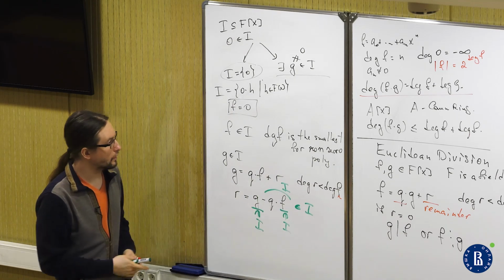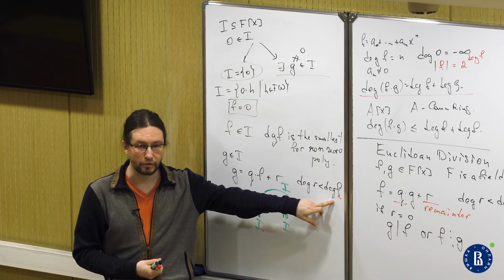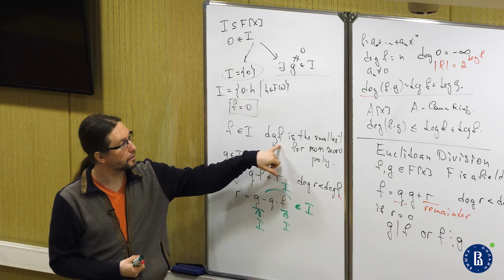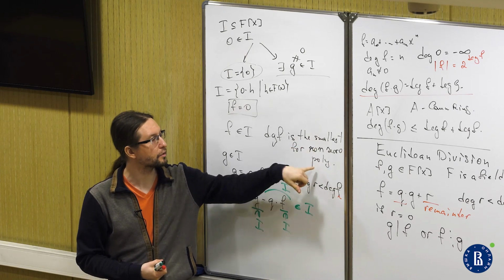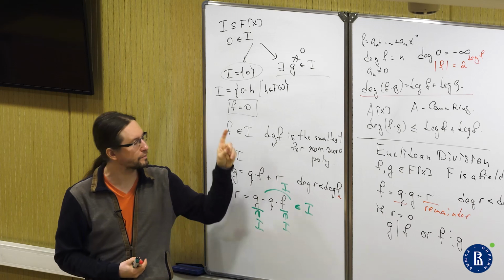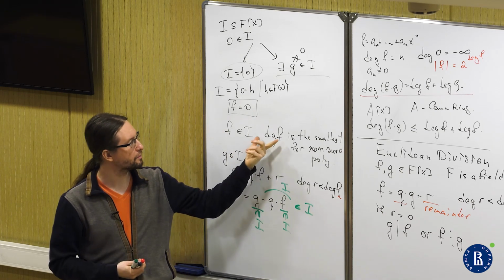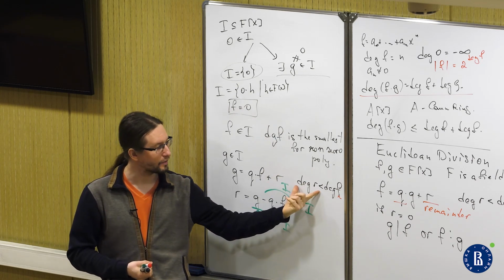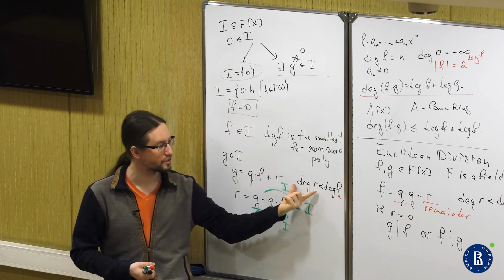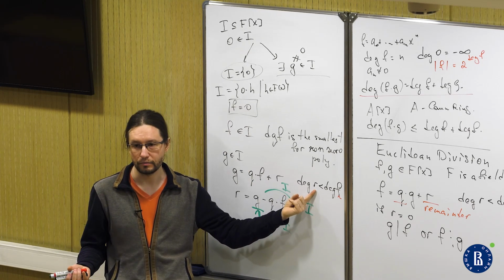But you see, the degree of r is strictly smaller than f, and f was the polynomial with the smallest possible degree among the non-zero polynomials. So if we find a polynomial in the ideal I with a smaller degree, the only option for r, well, is 0.